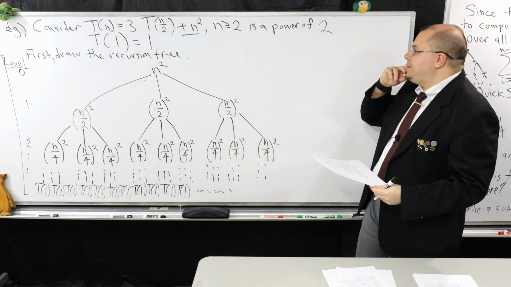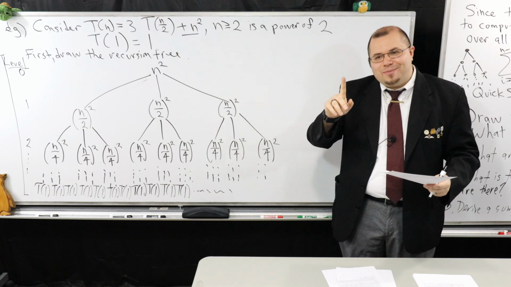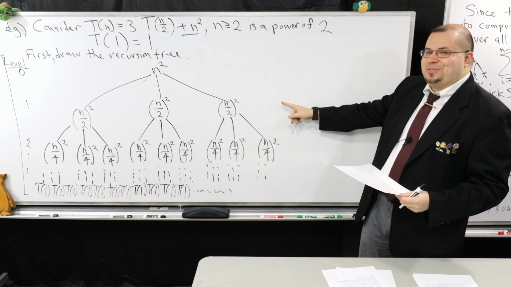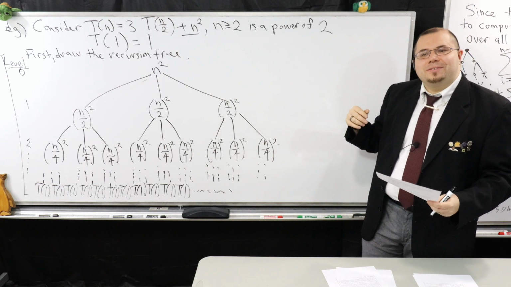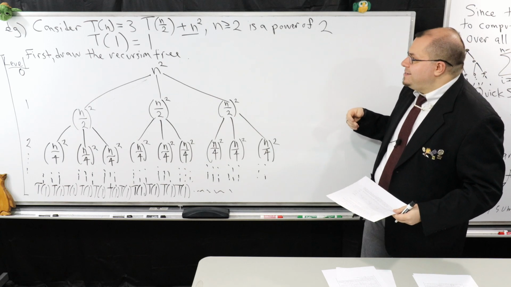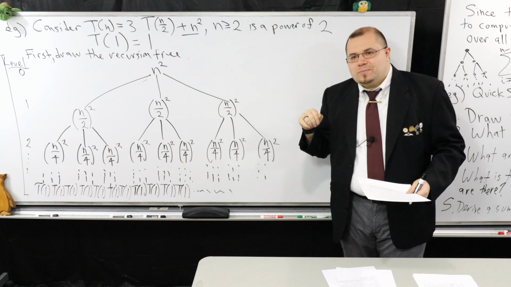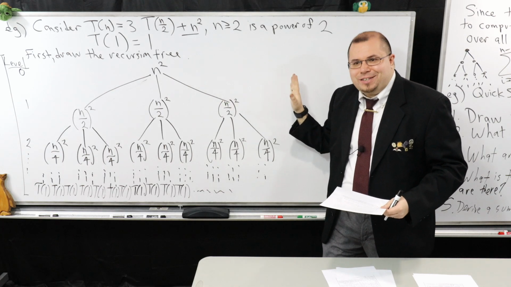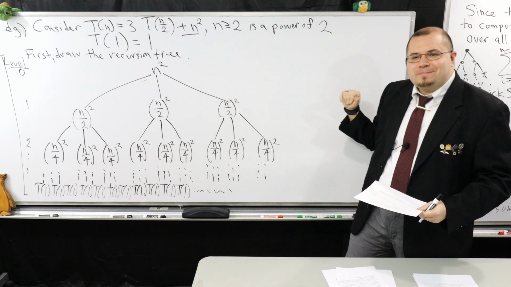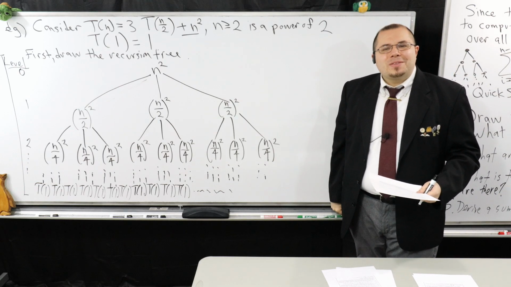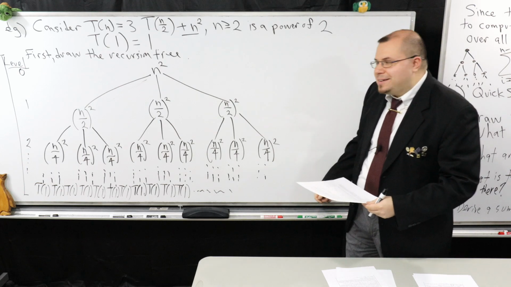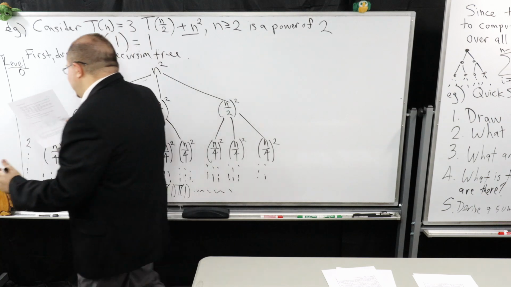I'm not asking about the number of levels, I'm asking about the height. Every time I'm halving n, don't let the fact that there's 3 branches throw you off. Yeah, it's log n, log base 2 of n.